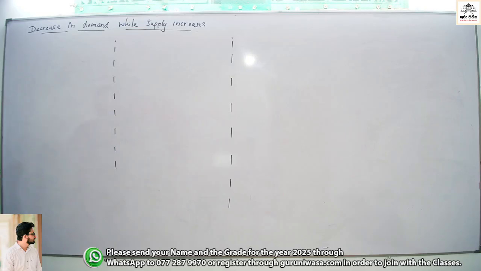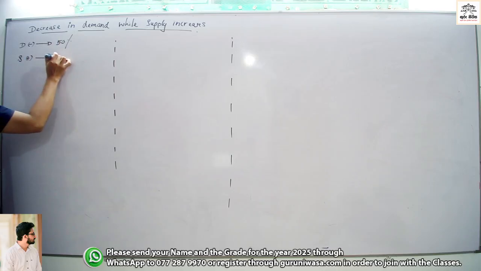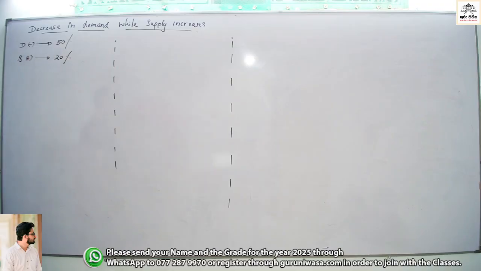First one: demand decreases, supply increases. Now the supply curve shifts to the right side, the demand curve shifts to the left side. First one, the demand curve shifts to the left side by 50%. The supply curve shifts to the right side by only 20%. Unequal rates, right?